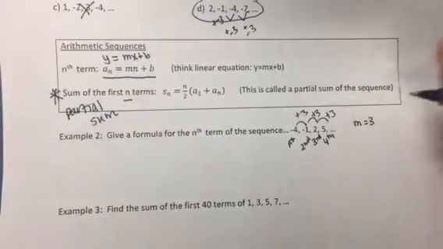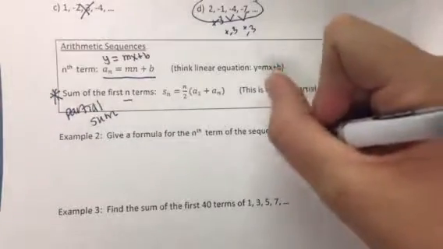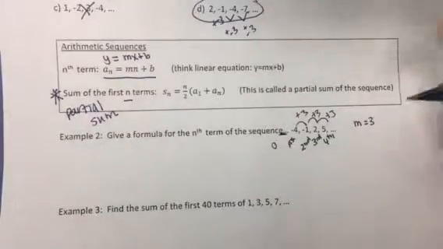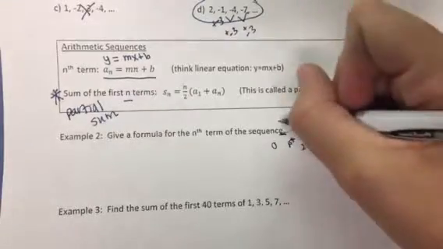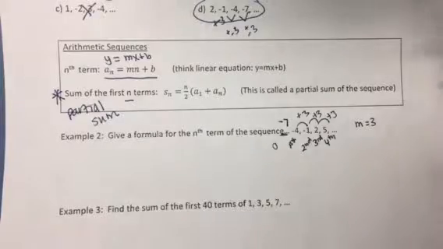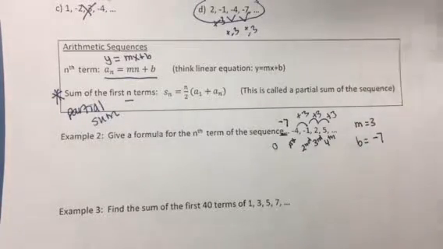My y-intercept from a linear function is kind of like my 0th term. So I would need to know what term would come before negative 4. Negative 4 minus 3 would be negative 7. So even though negative 7 isn't part of the sequence, that's what we might think of as the 0th term.